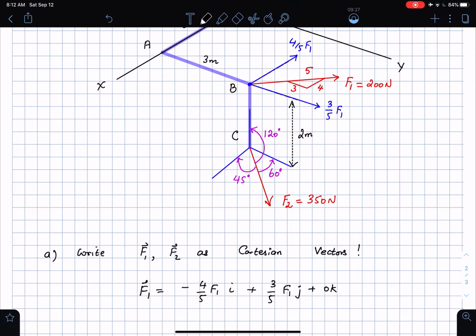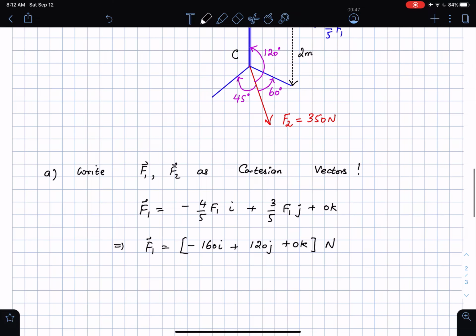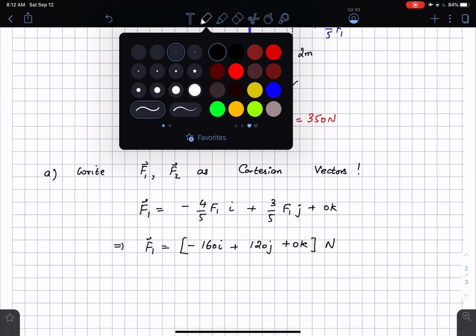And then if I do the simplifications, the magnitude of F1 is known to me. So this tells me that the force F1 is going to be minus 160i, and then 120j positive, and 0k if you want, so many newtons.